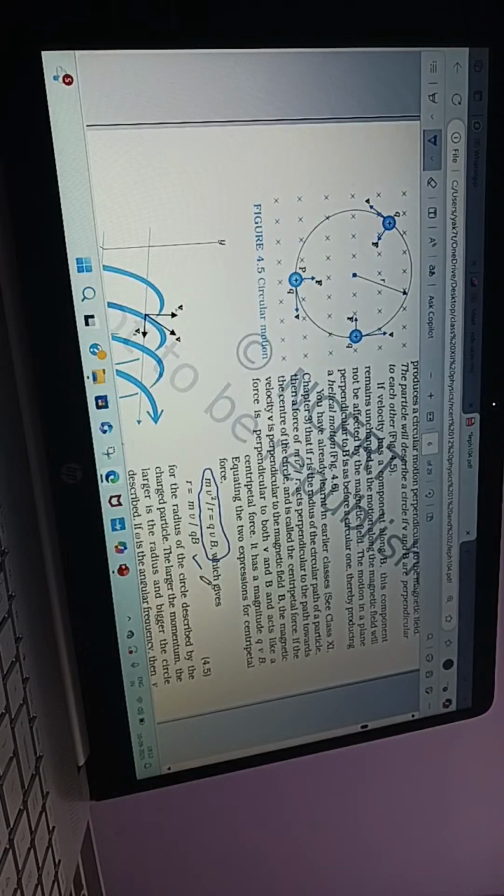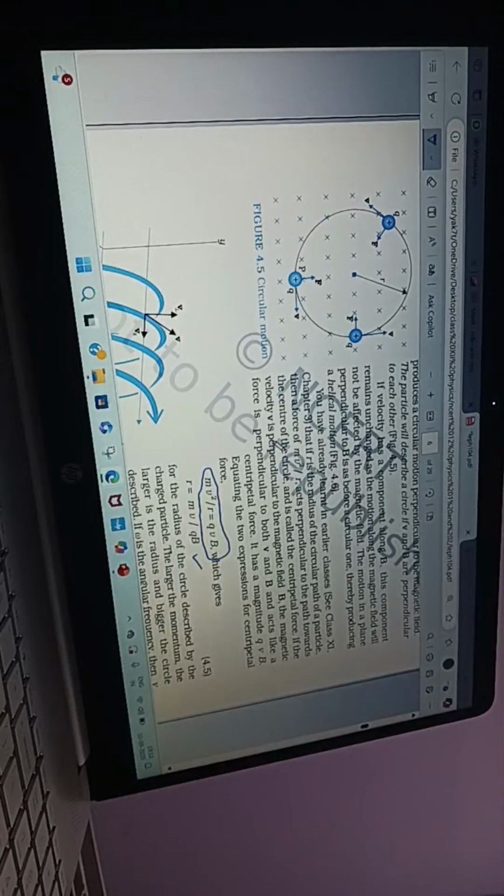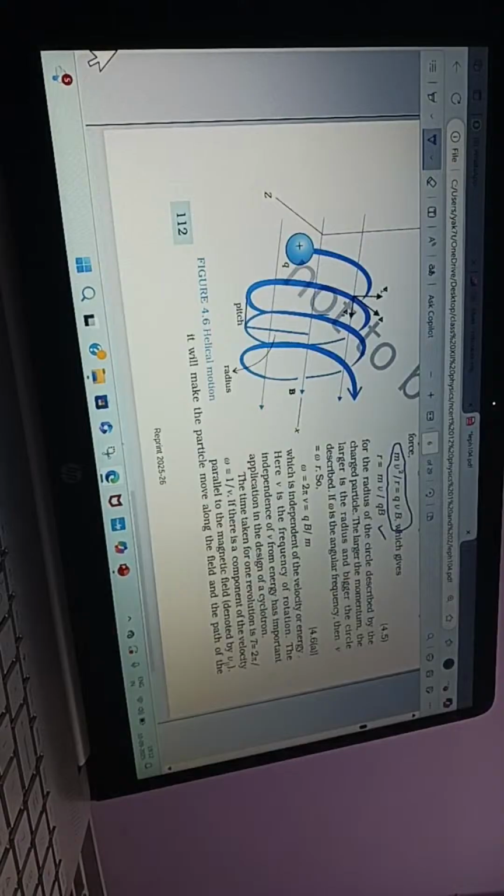Then if it is moving perpendicularly, fine. If it is not moving perpendicularly, what happens? Tell me. If it is not moving perpendicularly, then the velocity vector is not perpendicular to the magnetic field. It is at an angle theta. So at that time the path will no longer be uniform circular motion. It will be a spiral like this.